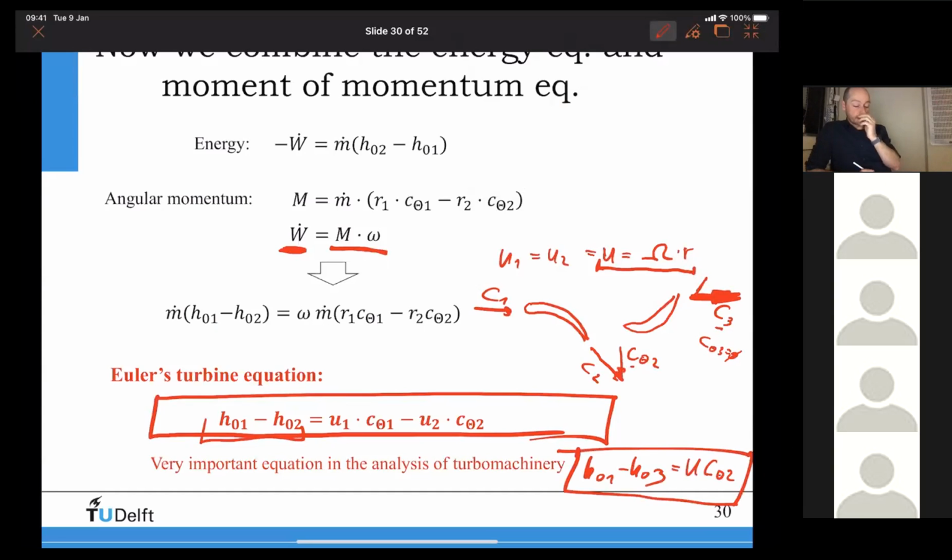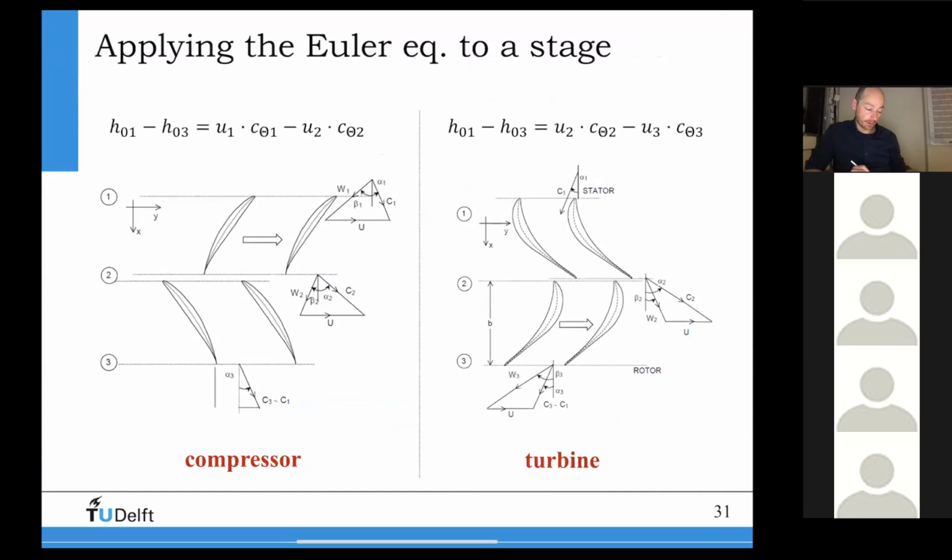Okay, this is for a special configuration where the outlet velocity of the stage is purely axial. This is a turbine stage. And you can see it here again. So this is applying the Euler equation to a stage. This is for the compressor, and this is for the turbine.